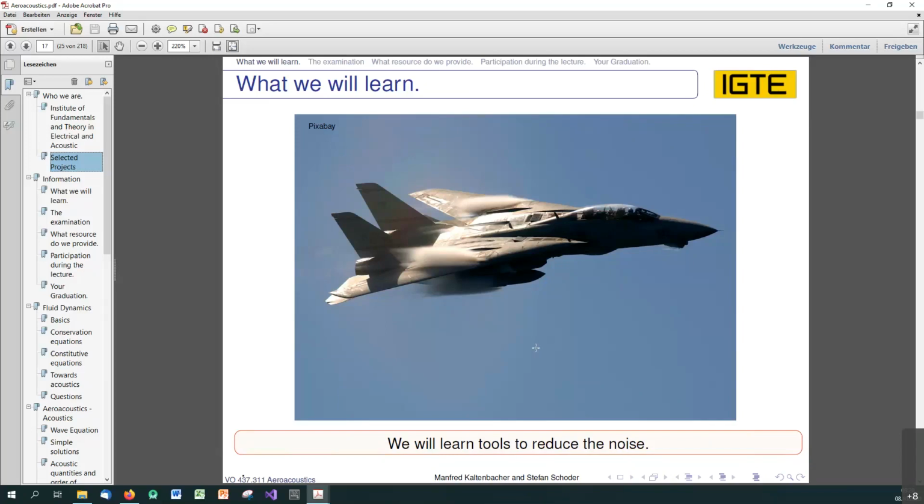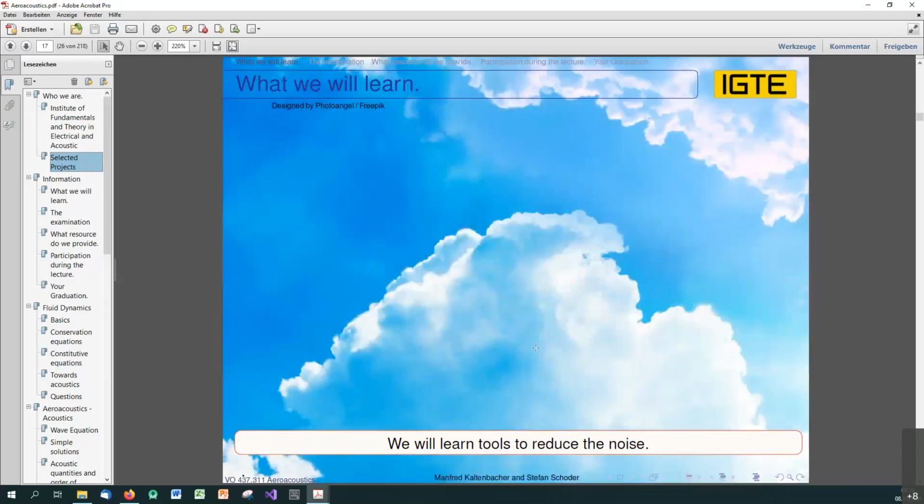It is not only about the radar signature, but also about the sound signature. And we would like to make the picture like a blue sky and no plane in the noise sense. So this is what we will learn. We will learn throughout the course that we can identify the noise sources, and we have then the steering wheel to reduce the noise sources there.